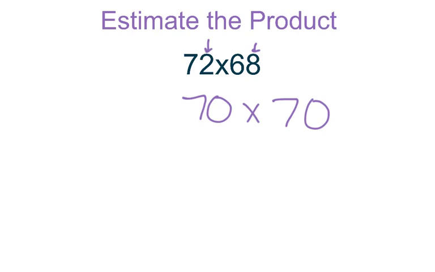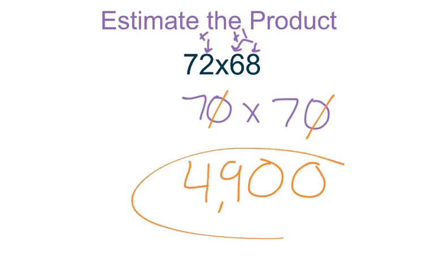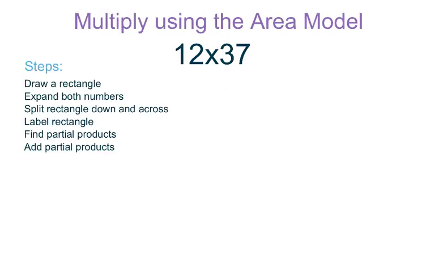Our 2 here would make us ignore. Now all we have to do is multiply. I'm going to cross those two zeros out, place them down below. Basic fact, 7 times 7 is 49. So our estimate would be 4,900.